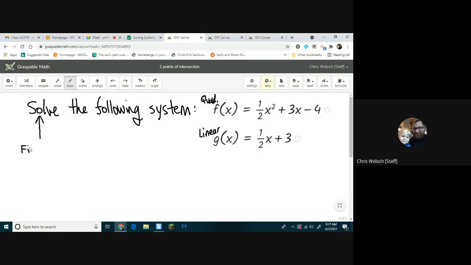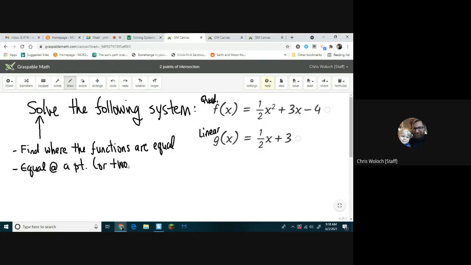Well, we want to find where the functions are equal. They're equal at a point, or 2 points. And generally, how do we do that? Well, we make them equal to each other.